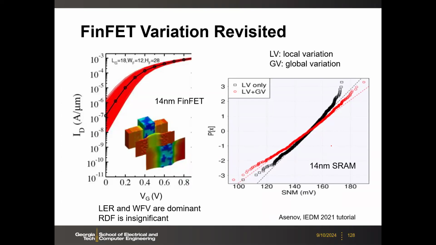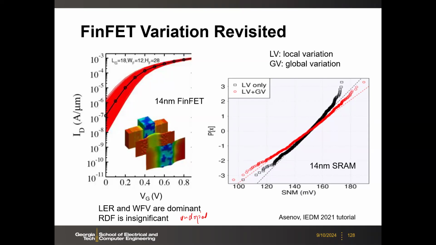So here, let's revisit the variation. This is what we briefly mentioned before. For FinFET, the RDF is insignificant because the fin is a very small dimension there, and it's almost undoped.